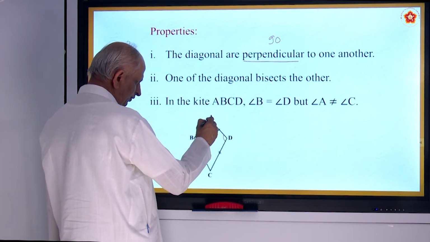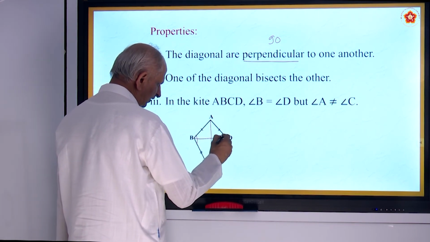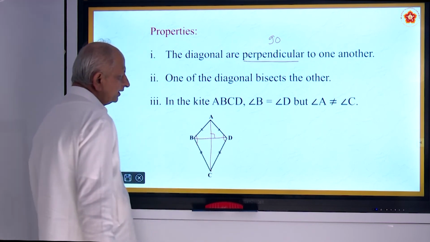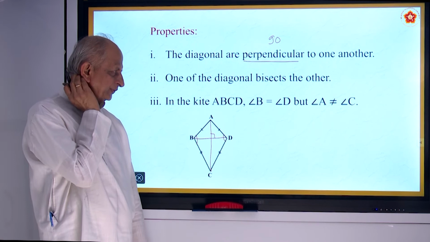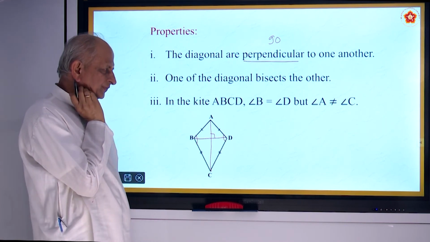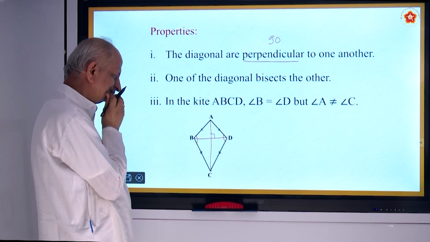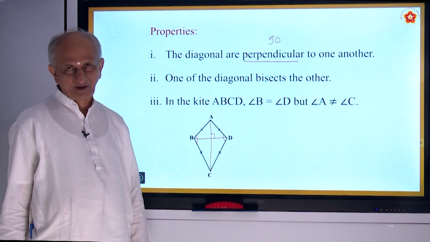See, what is a diagonal? A line joining the opposite vertices. Here they are perpendicular to each other. So that's why you can say all rhombuses, in a rhombus all sides are equal, all rhombuses are kites, but all kites are not rhombuses.